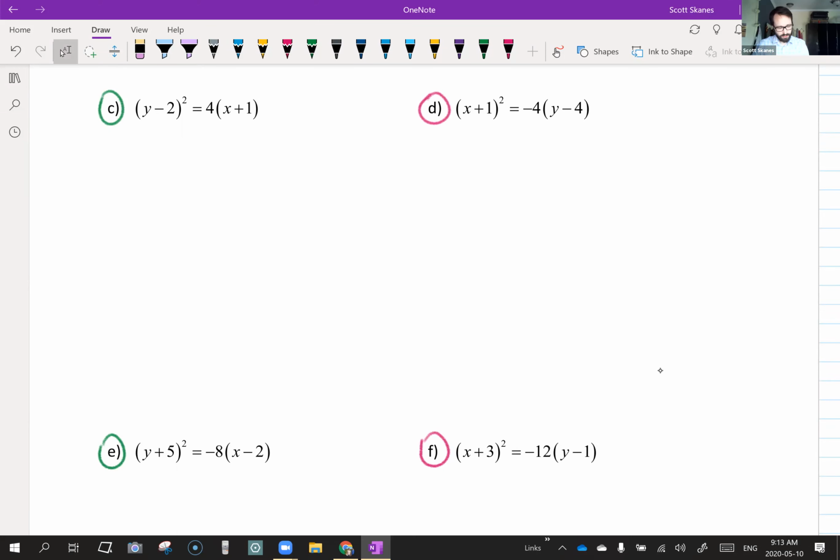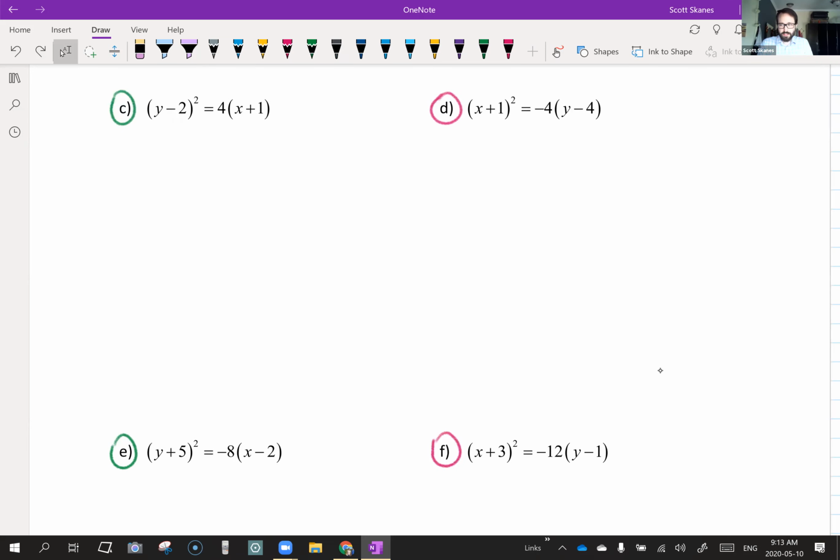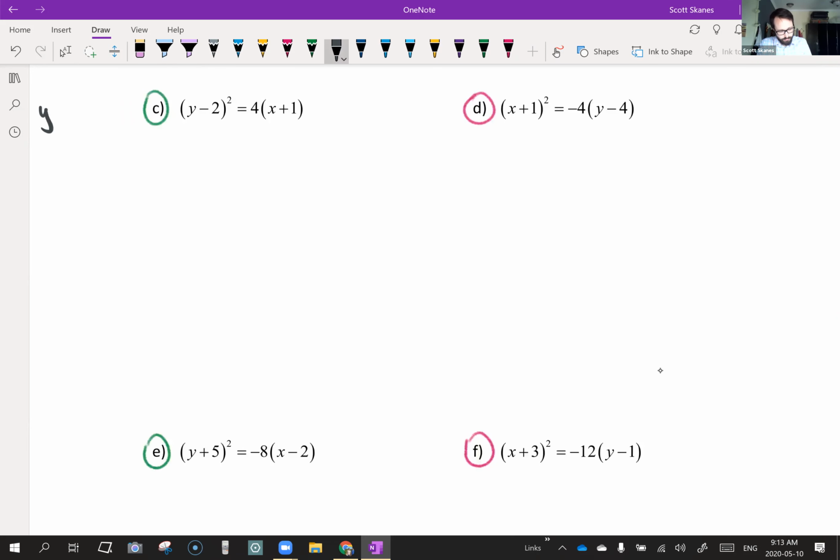First of all, I look at this equation, I'm looking at C. What form is this in? Is it in x squared form or is it in y squared form? Well, we can see here that it's in y squared form. That means it'll open left or right. Which way does it open?